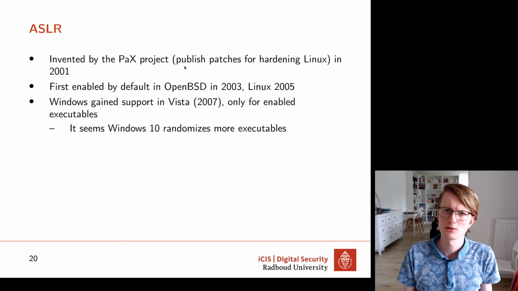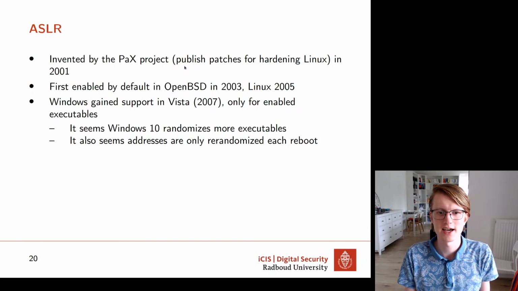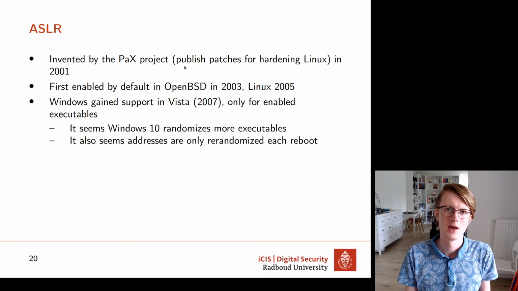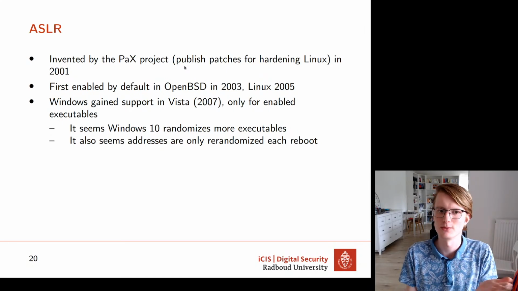It seems, it was a bit hard to Google this, that Windows 10 randomizes more executables, but it's still not great. It seems namely that these addresses are only re-randomized every time you reboot, which means that if you can first read the addresses and then write the addresses a second time when executing, you might still be in business.